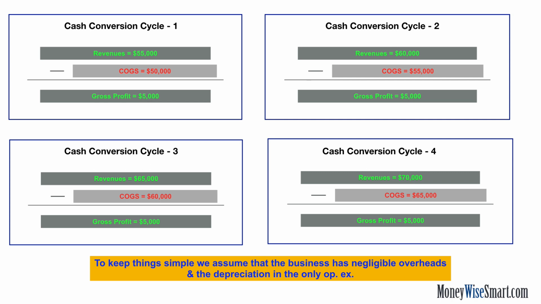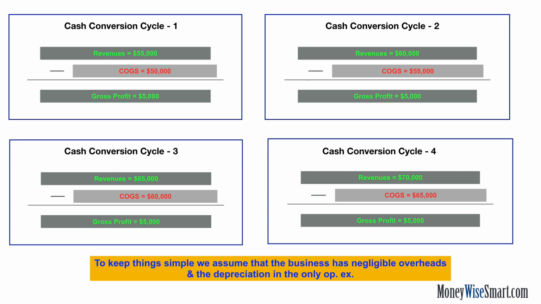So in the first cycle, my revenue is $55,000 and my gross profit is $5,000. And then I reinvest my entire profit. And in the second cycle, again, I generate a gross profit of $5,000, so on and so forth. So in this situation, my total revenue actually becomes $250,000, which is basically the sum total of the revenues of all the 4 cycles.